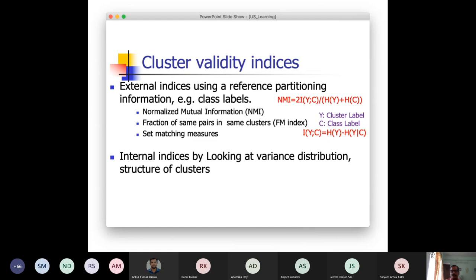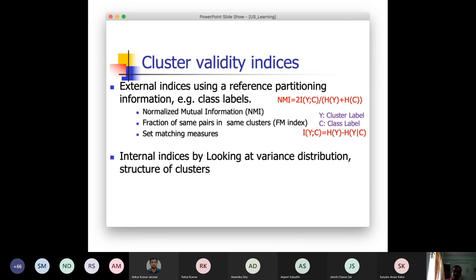Now, out of these pairs, you consider those belonging to the same classes. So for every class, you consider the pairs having the same class label, and you see whether this pair also belongs to the same cluster. Then you are counting that.